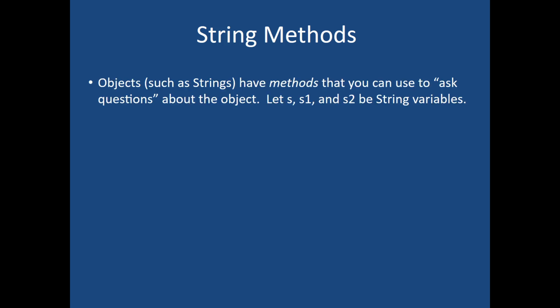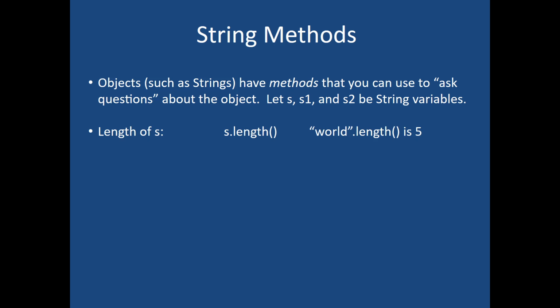So when you want to learn how to use strings, you have to learn what methods are provided. So let me show you. You can think of methods as ways of asking questions about the object. So we'll assume that S, S1, and S2 are string variables. They contain strings. So to get the length of S, you say S.length.